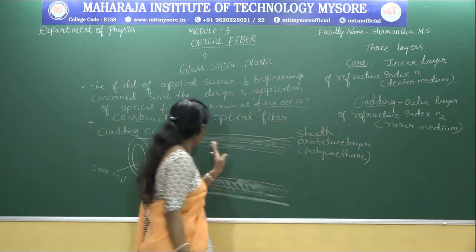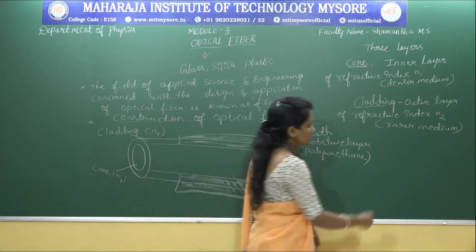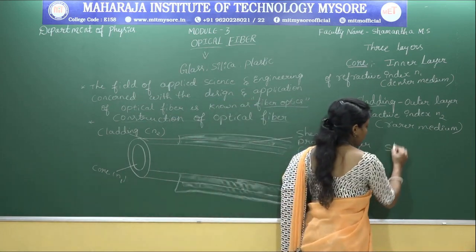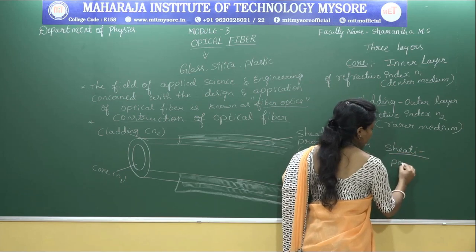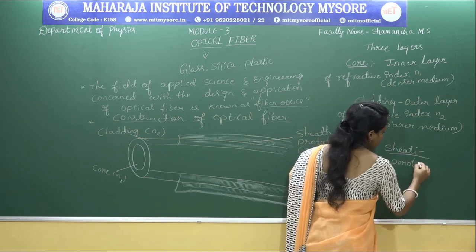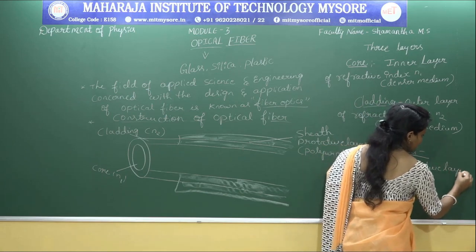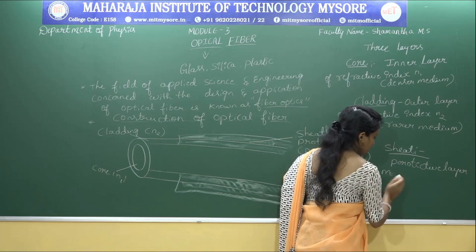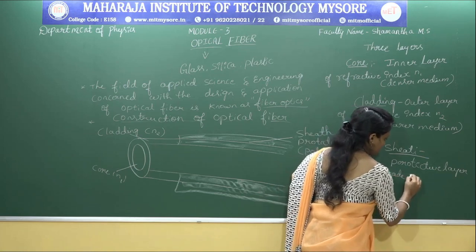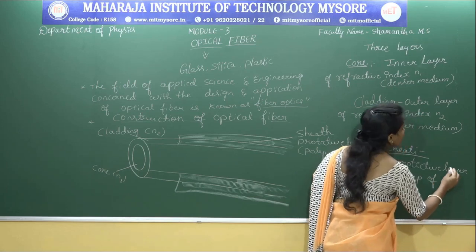And the outer layer, that is the sheath. So the sheath is a protective layer, polyurethane.